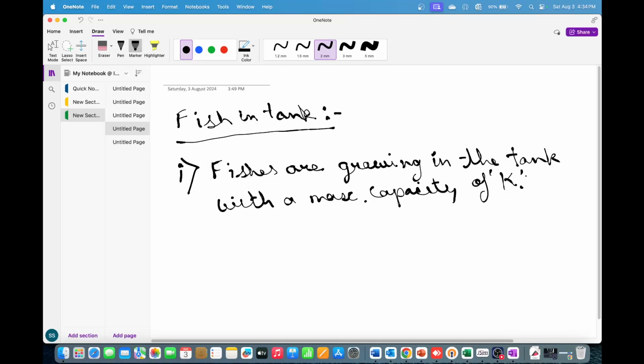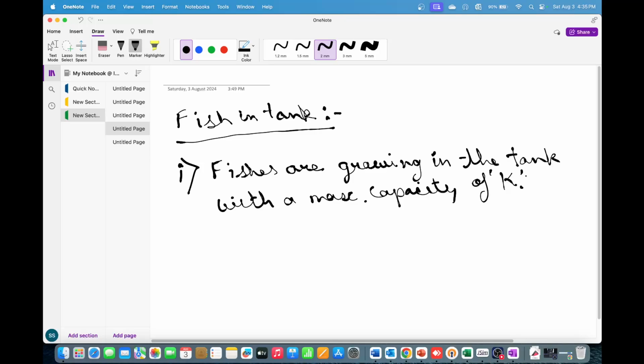So the system cannot grow exponentially for an endless amount of time. It has to have a capacity, and it cannot go beyond that capacity. So there is always a limit to which a system can grow. This is true for every kind of system. So in this example that we are taking, fish in a tank, if you think intuitively, a tank is a fixed amount of volume.